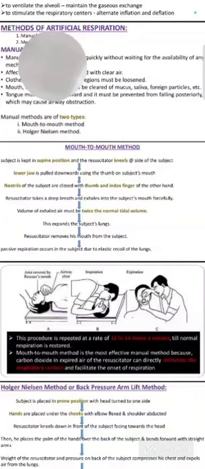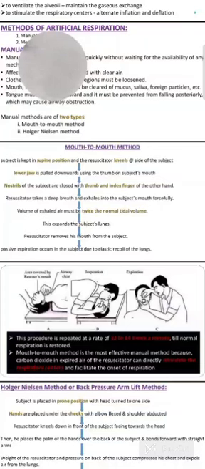This twice the amount may easily expand the lungs of the subject. Immediately the resuscitator removes his mouth from the subject, thereby passive expiration occurs in the subject, because of the recoiling property of the lung.